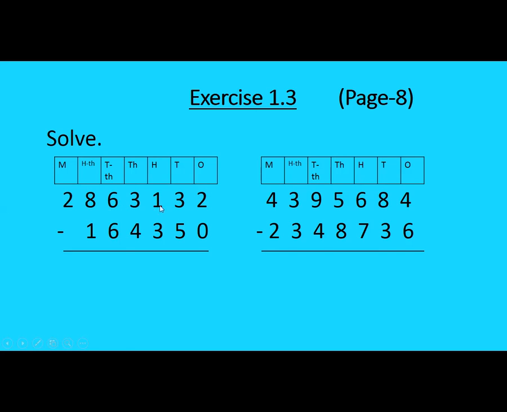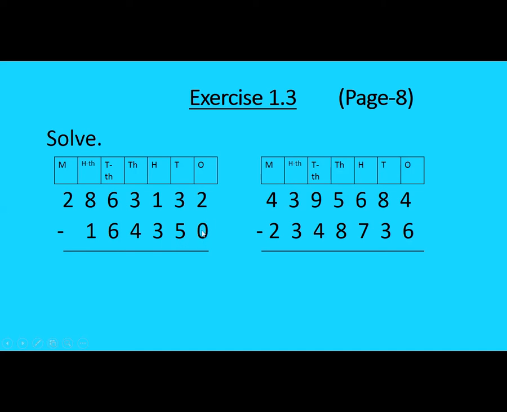2,863,132. Now the second value is just a 6-digit value, so you cannot start from here. You don't have to write 1 at this place. You cannot write from this side. You will always start from ones place. Start from this side, write the last value over here, then you can go further.